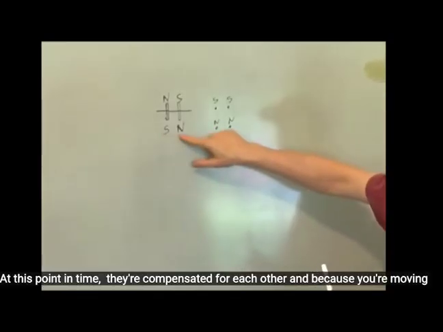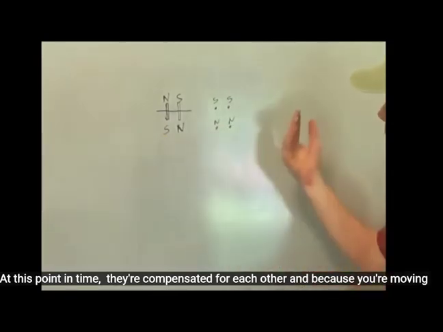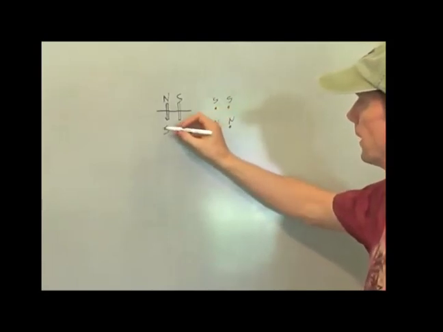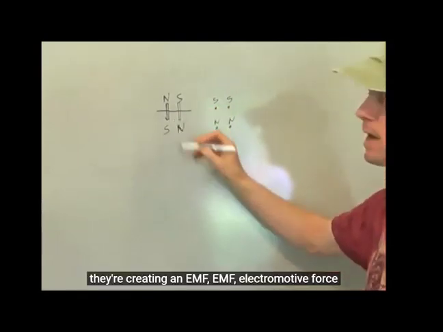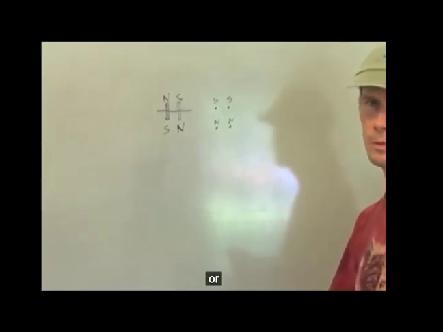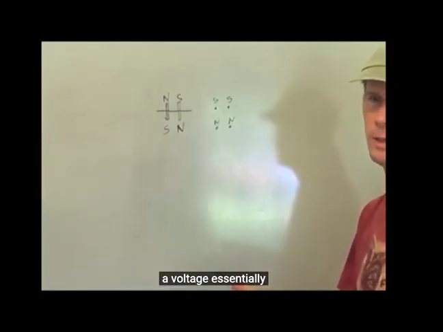At this point in time they compensate for each other, and because they're moving one way and one the other, they're creating an EMF, electromotive force, or voltage essentially.